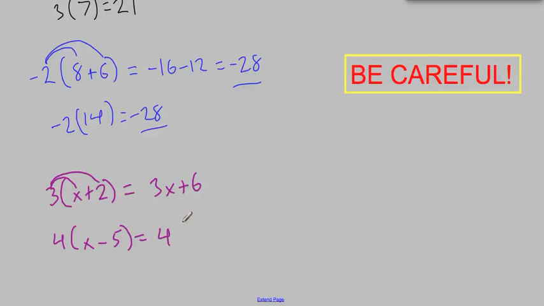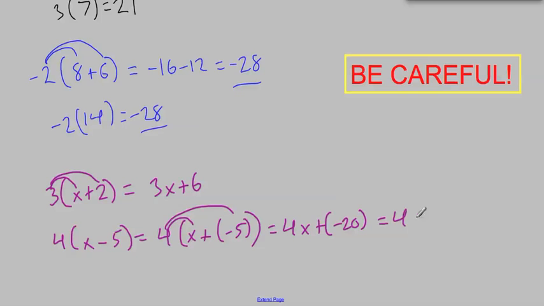So technically, we could write this as 4 times x plus negative 5, and it's still 4 multiplied by x plus negative 5. It is 4 being distributed over addition, which would be 4x plus negative 20, or 4x minus 20.